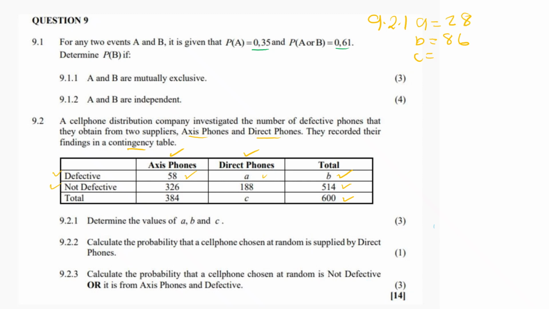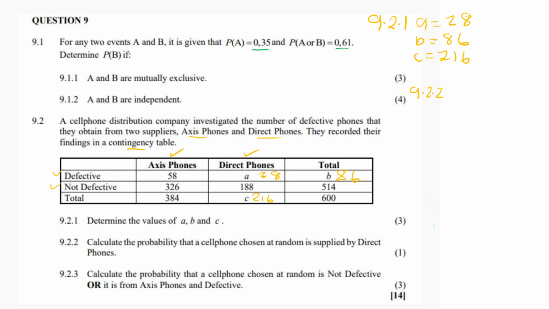Now for C, it is 600 minus 384, which is equal to 216. These are the easy marks. So C is equal to 216, A is equal to 28, and B is equal to 86. Very good.